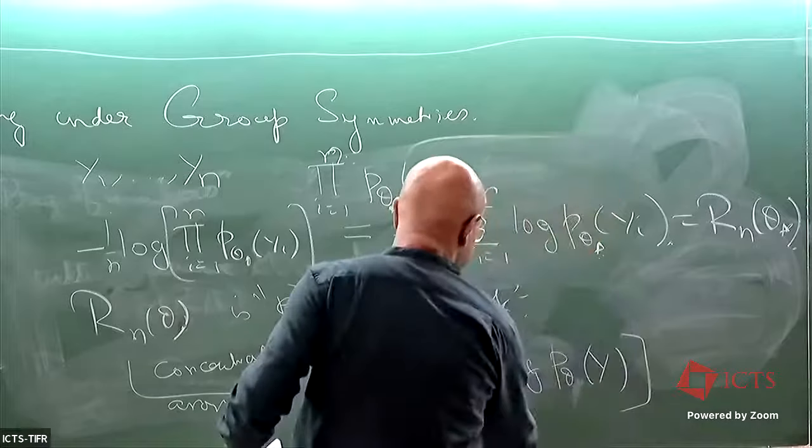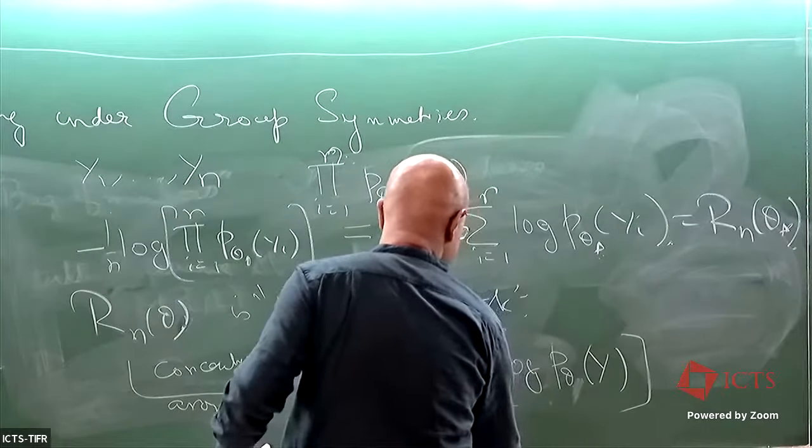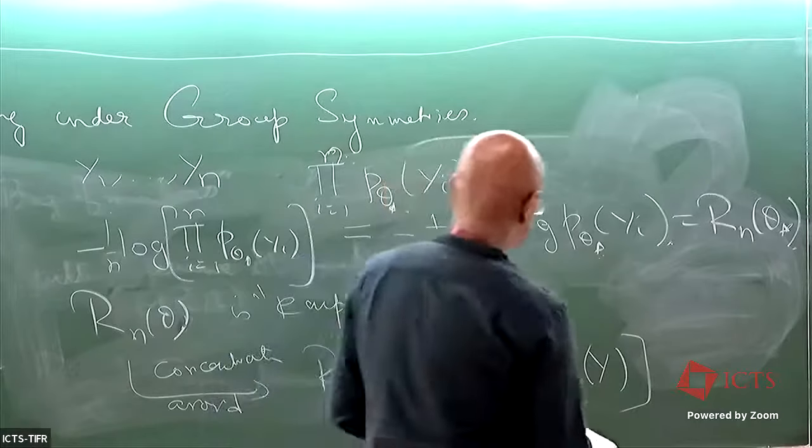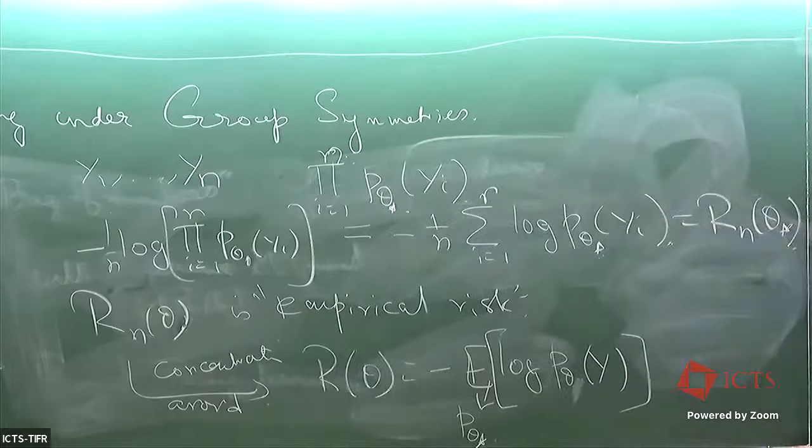So the expectation is with respect to p theta star, but inside you vary theta as a general quantity.